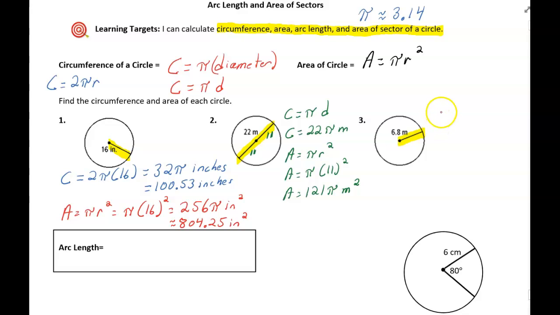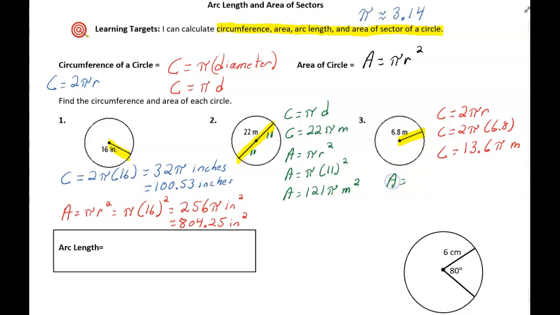For problem number 3, circumference, since I'm given the radius, I'm going to use 2 pi r. So the circumference is 2 times pi times 6.8. And multiplying that out, I get 13.6 pi, and the unit would be meters.